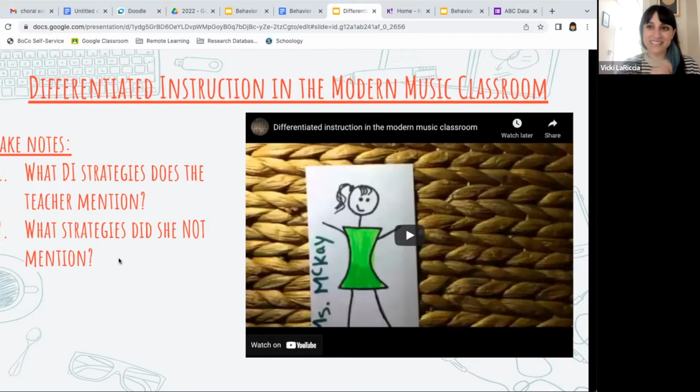So it's very loud compared to the other sounds. So just keep that in mind. And as we're watching, can you get out paper and pencil, or whatever you want to type on, to just take some notes on what DI strategy she mentions or she's using in her class, and what strategies she didn't include that we've talked about. So I'm going to hit play, and then when we're done watching, we'll answer these questions.